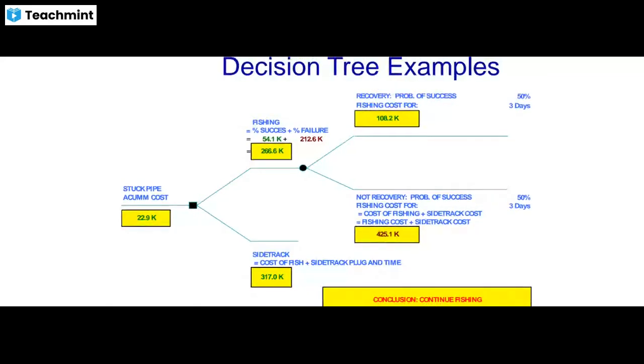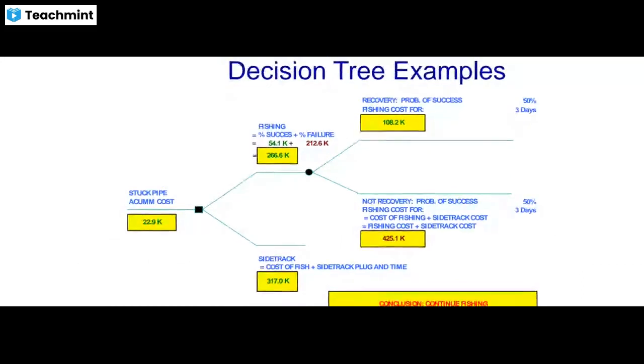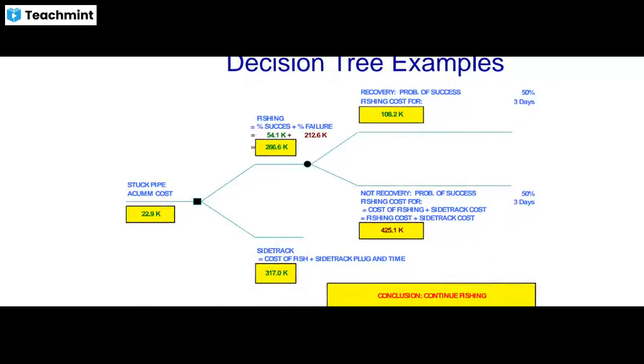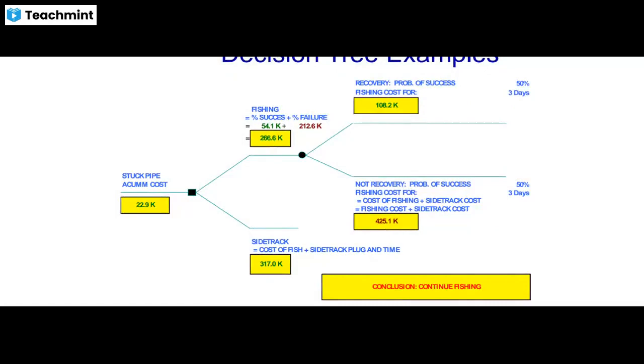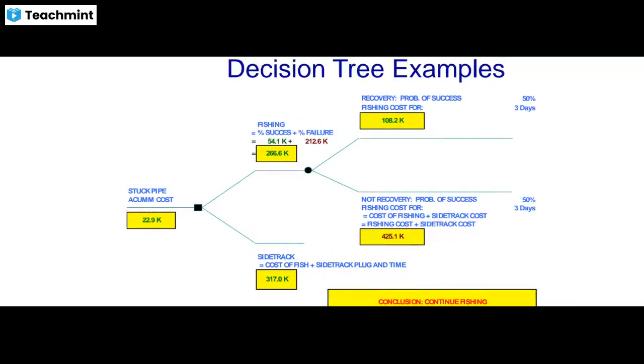You can see here clearly recovery, probability of success 3 days, 50%, like that. Fishing equals success plus failure, which is equal to 266K. So this is the decision tree example, and conclusion, continue the fishing. Next slide.